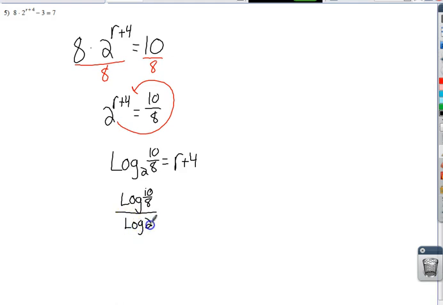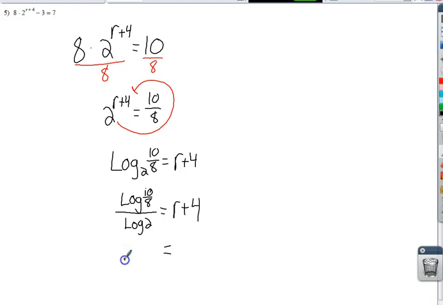Now, with the change of base formula, remember, I can technically change this base to whatever I want. The reason why I'm using log base 10 and log base e, which is ln, is the simple matter of, hey, wait a minute, this is what my calculator has available to me. Why would I change the base to like 25 if my calculator can't do 25? If it could do a base 25, I could just put this entire thing in one command line.